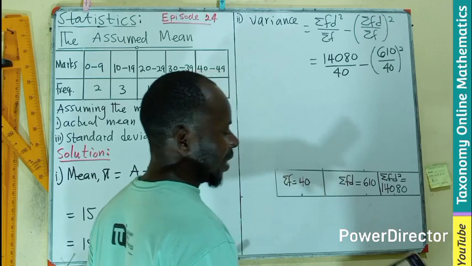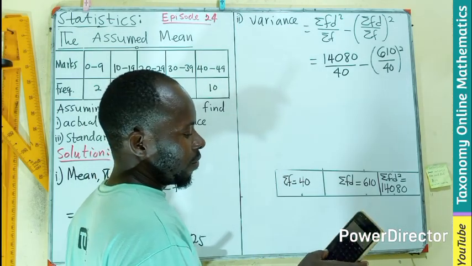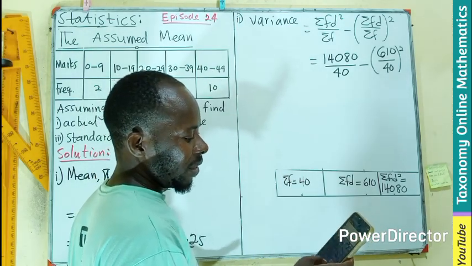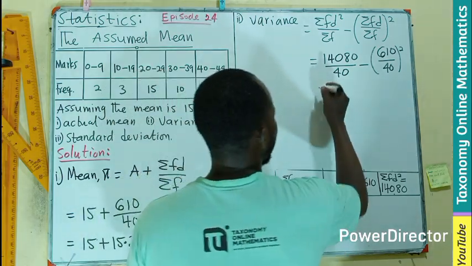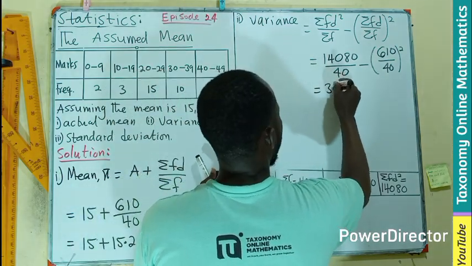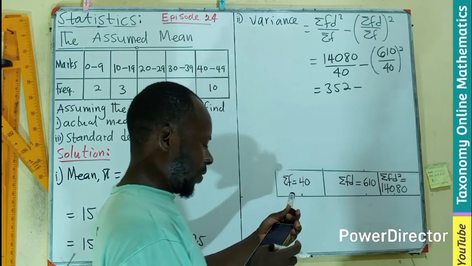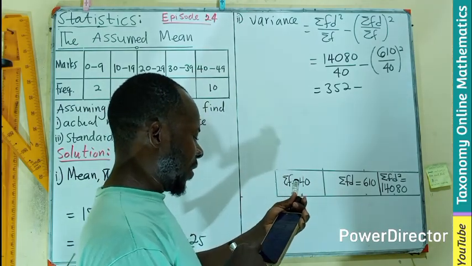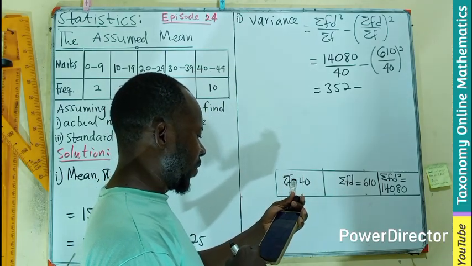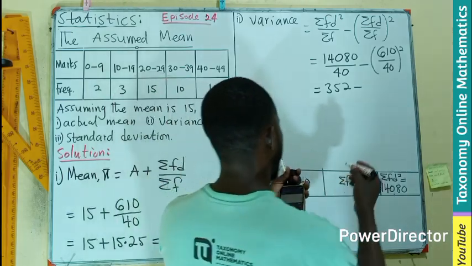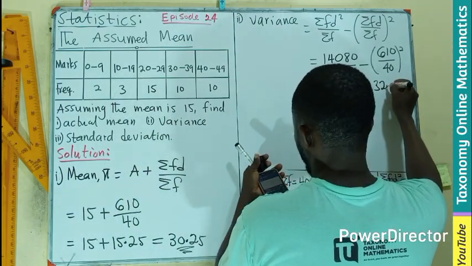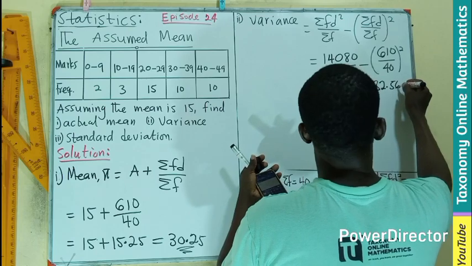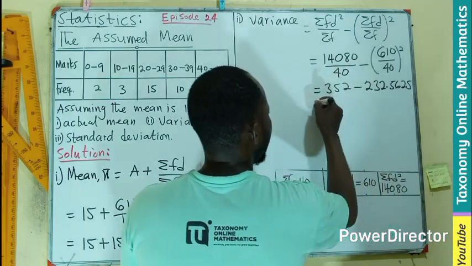Let's divide that step by step and see. 14,080 divided by 40, that gives us 352 minus the other one, 610 divided by 40, squared, and that will be giving us 232.5625.